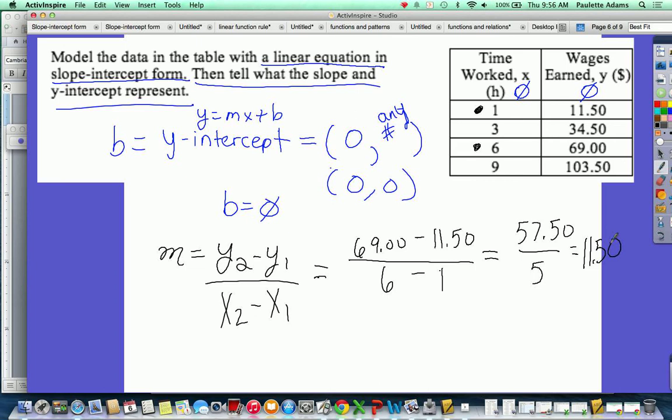If our slope is 11.50, and our y-intercept is 0, how are we going to write this as an equation in slope-intercept form?